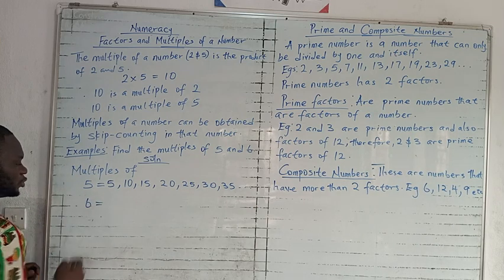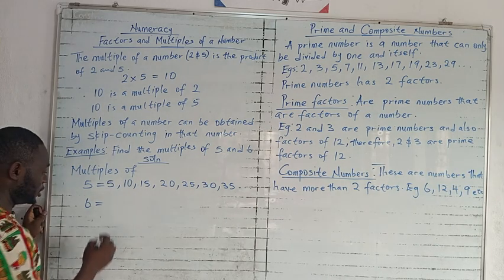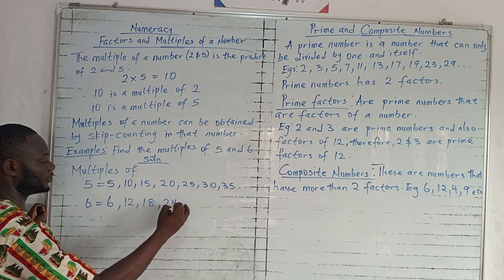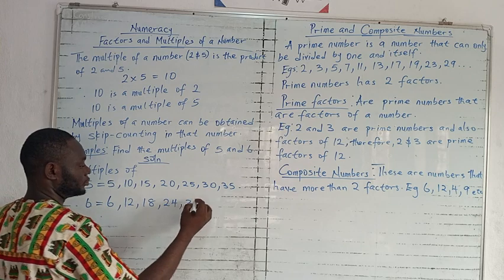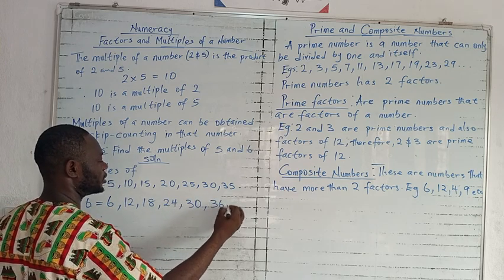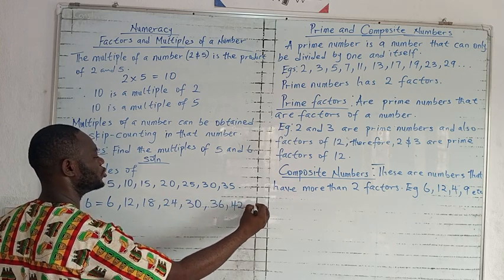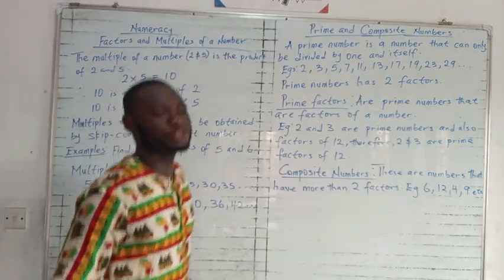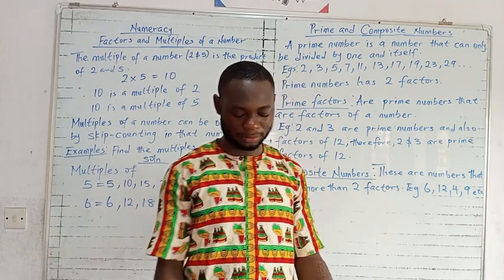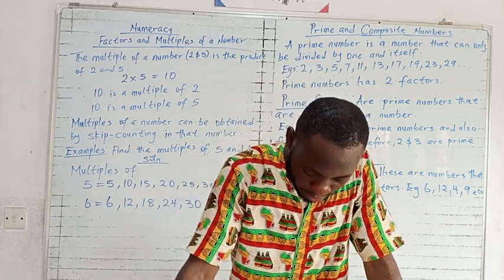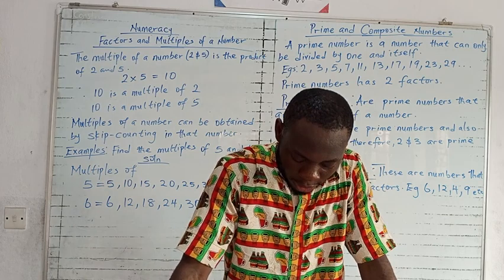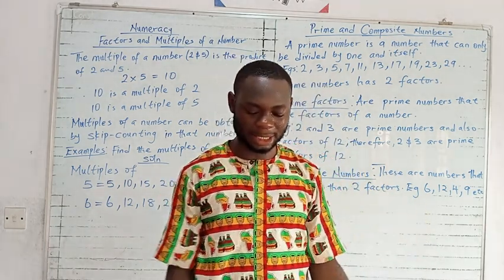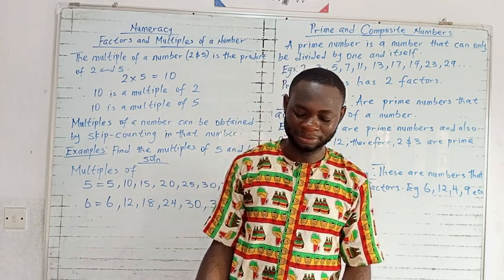While for the multiples of 6, we skip count in 6s. So we go 6, 12, 18, 24, 30, 36, 42, and so on. Now, one thing to note is that the multiples of a number are unlimited. It keeps on going like that.